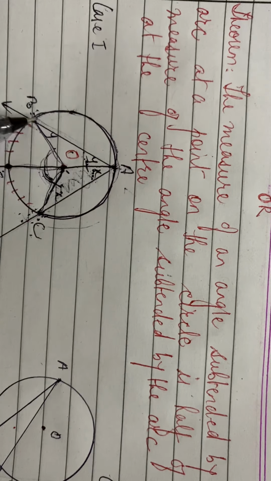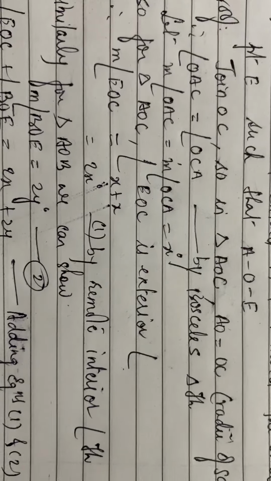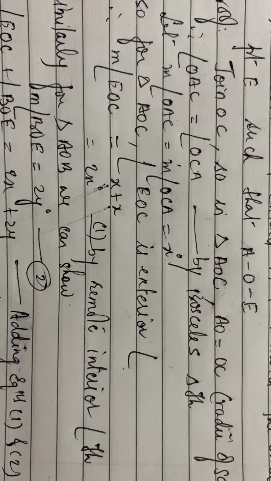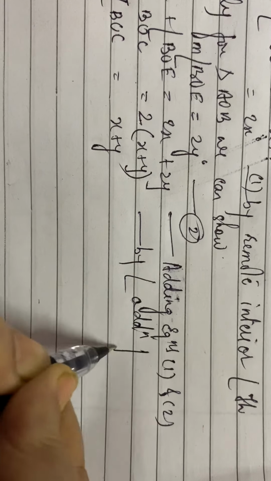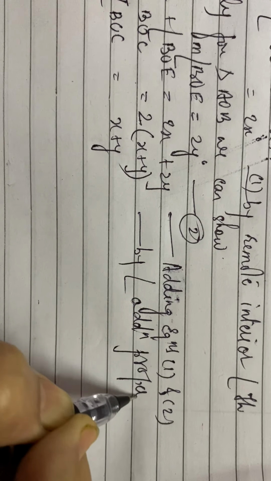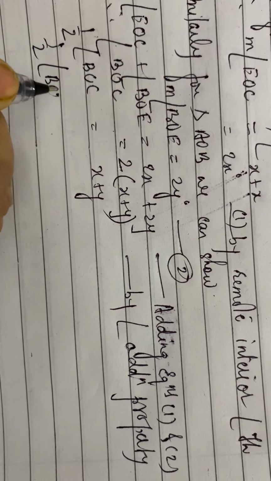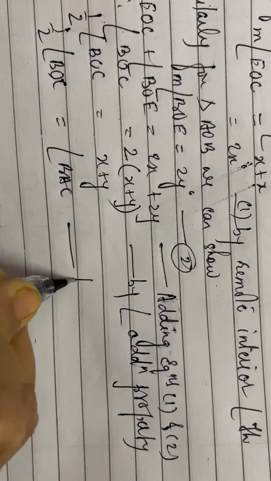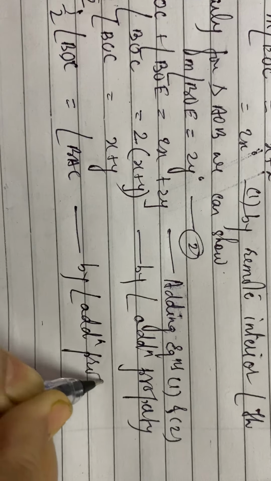So if you add these two, it will become angle BAC. So here again you will write by angle addition property. So half of angle BOC is equal to angle BAC, same reason, by angle addition property.